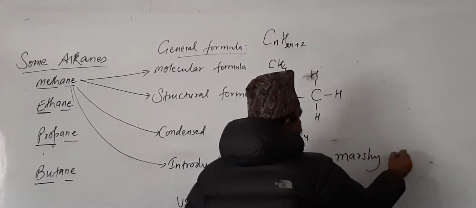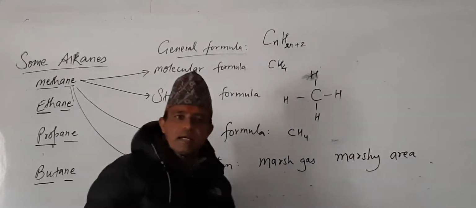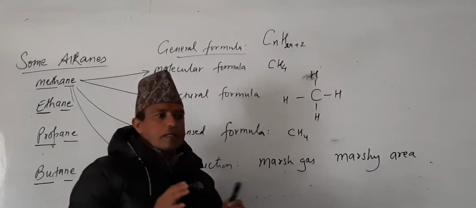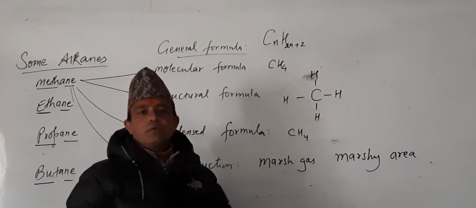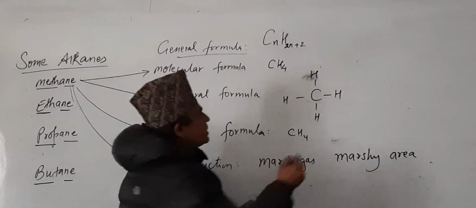What do you mean by marshy area? A marshy area is a place where there is decomposition of organic matter. Have you heard about a dumping site?